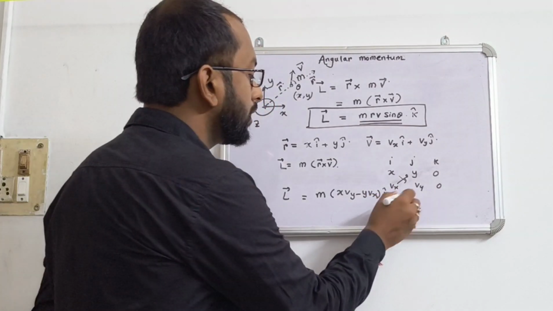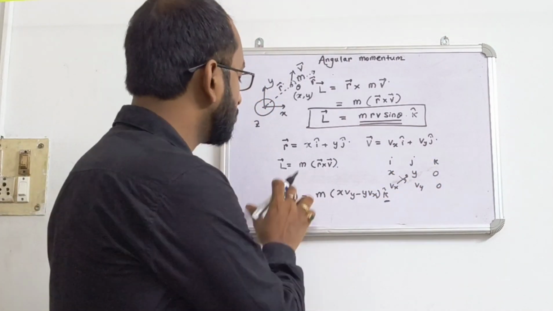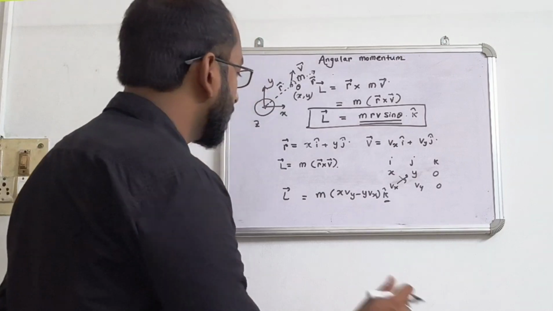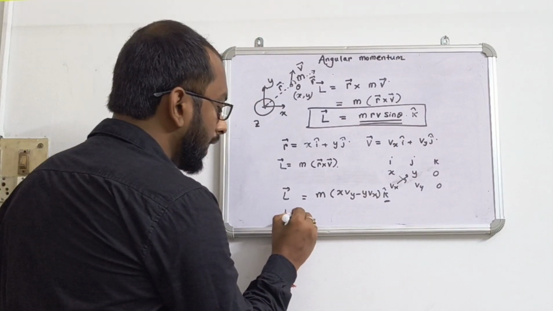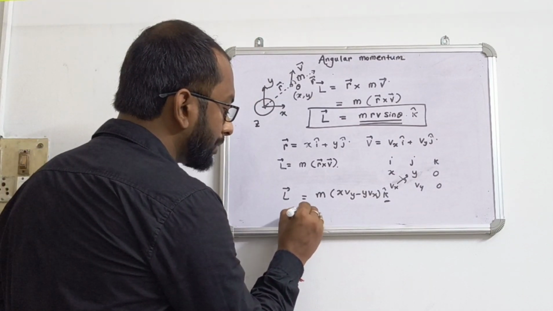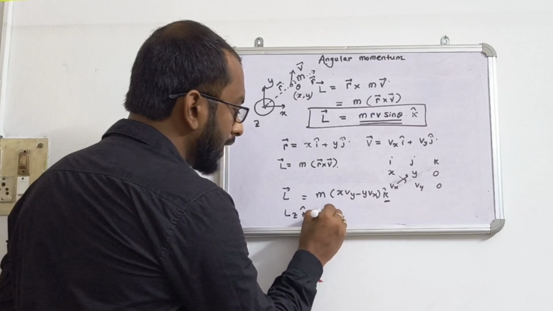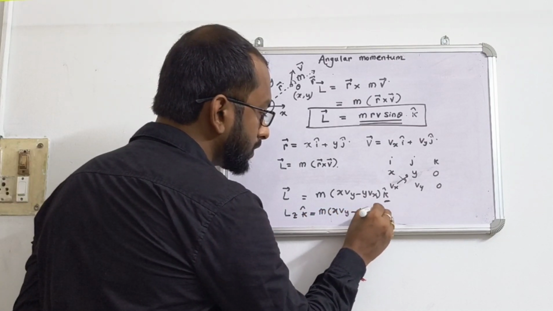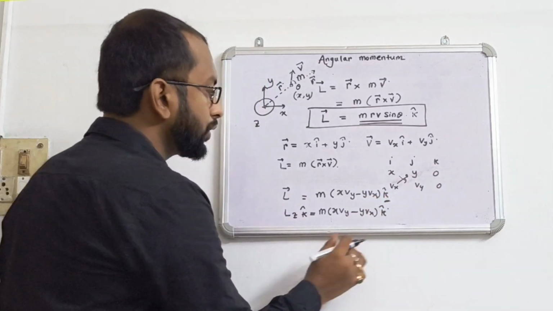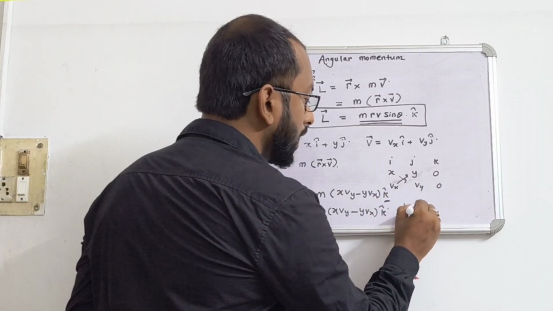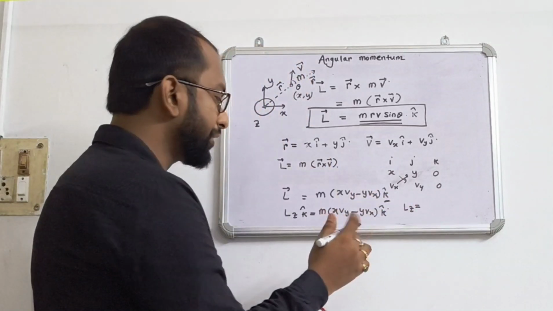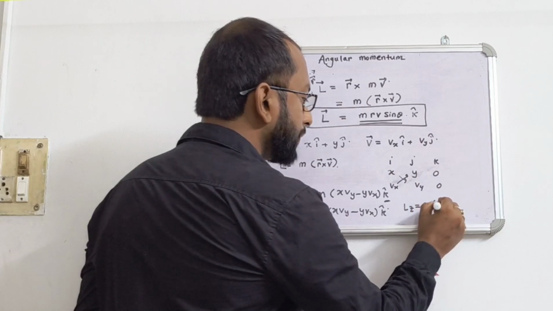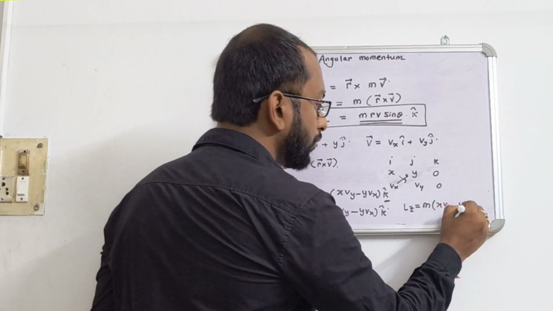It only has a k component of angular momentum. So we can write Lz as m (x vy minus y vx) k cap, or the angular momentum in the z direction is m (x vy minus y vx).